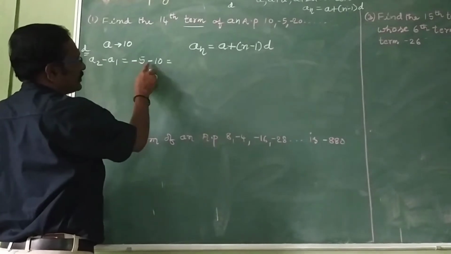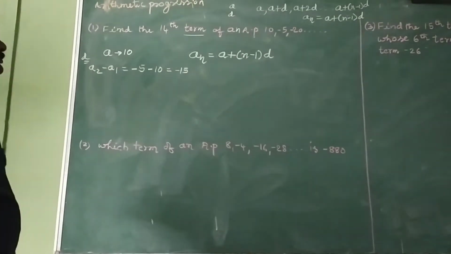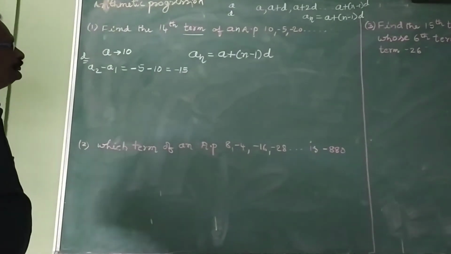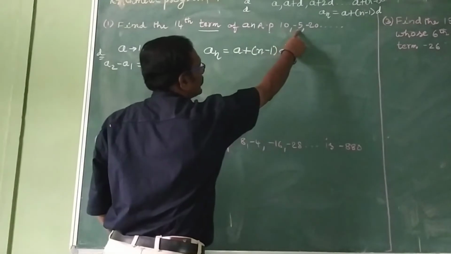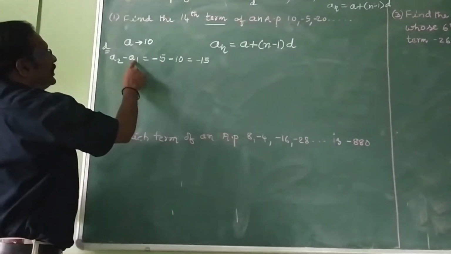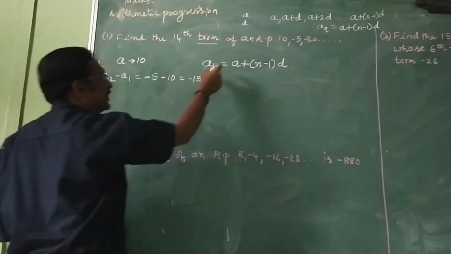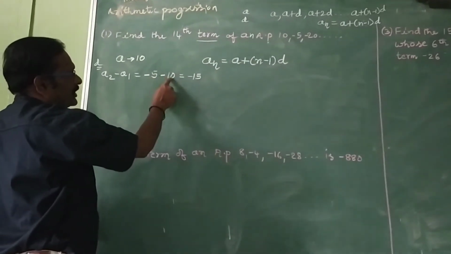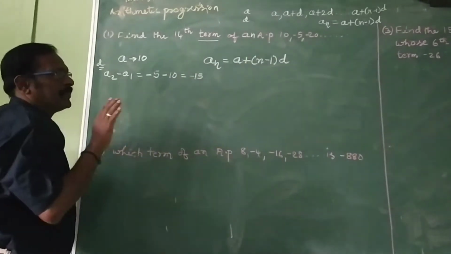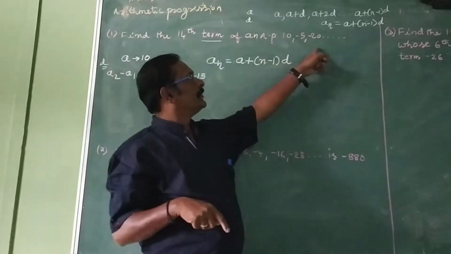Minus 5 minus 10, you will get minus 15. Minus 15 is the common difference in this AP.